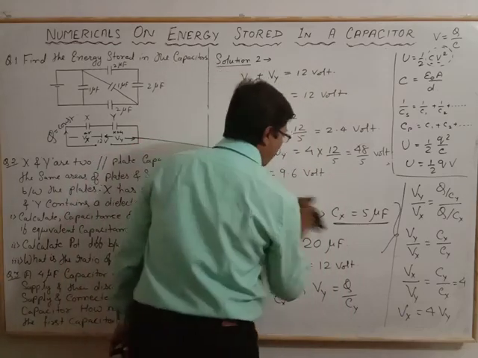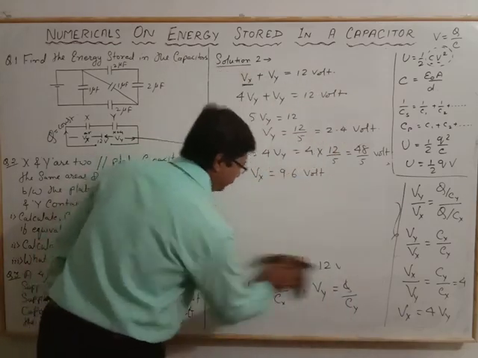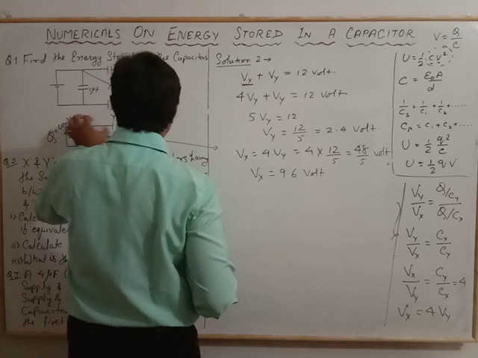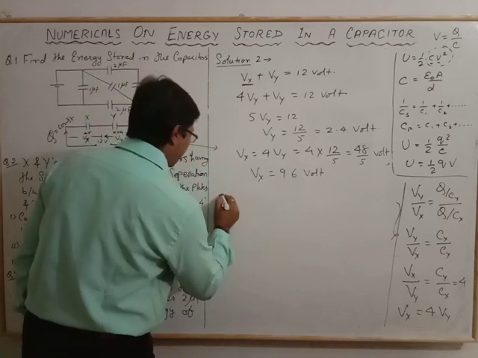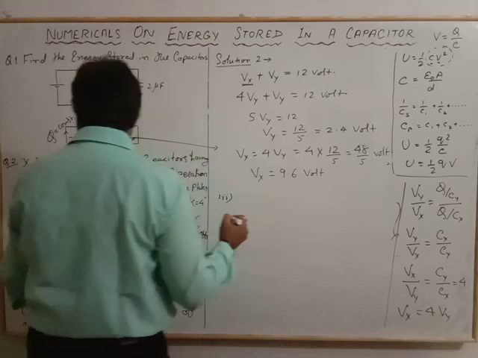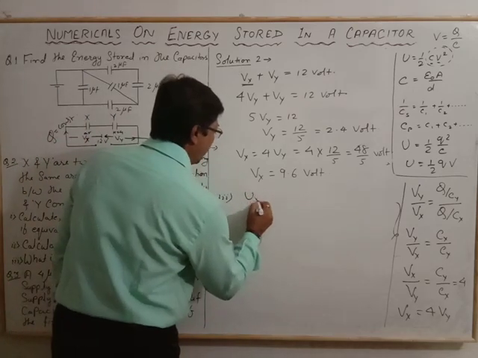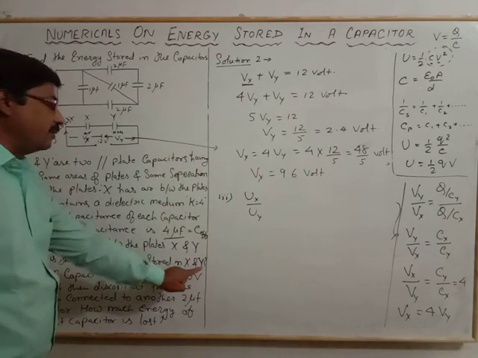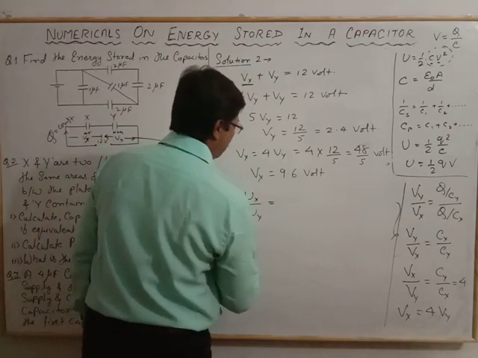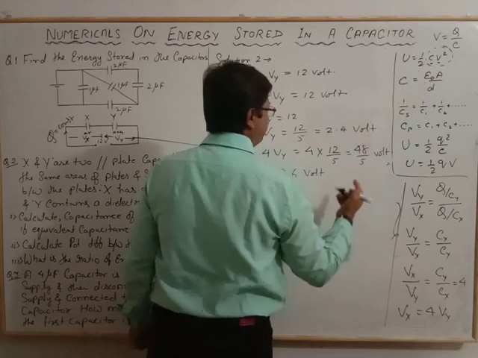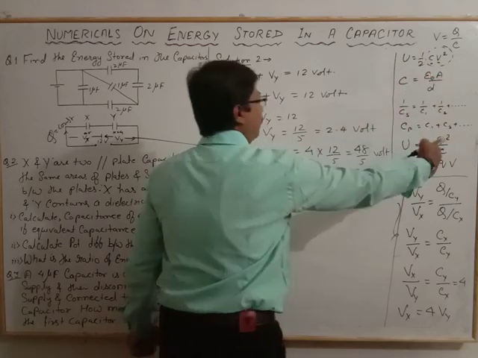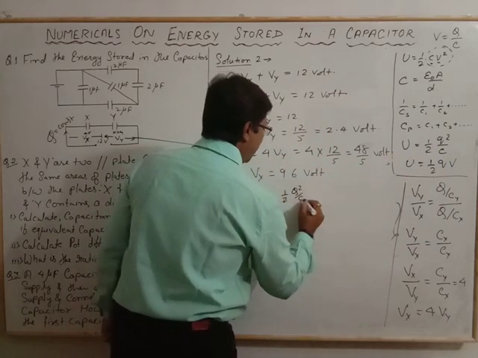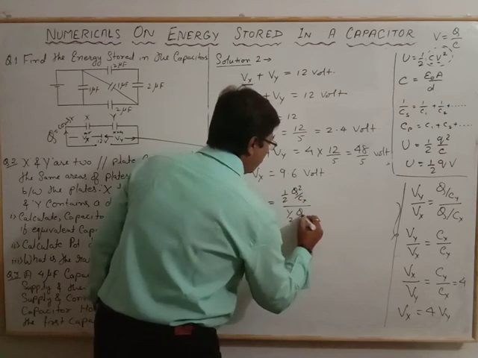For that relation, again we know that in the series combination, charge is constant for both the capacitors. So for the third question, what is the ratio of the energy stored in X and Y, Ux by Uy is equal to half Q square by Cx by half Q square by Cy.